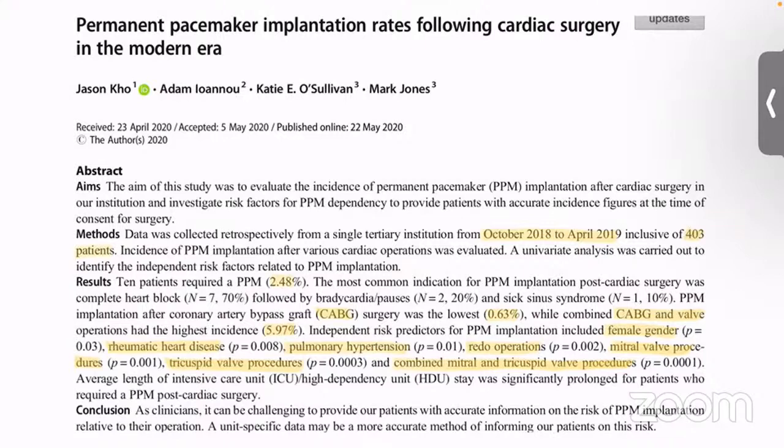The highest rate of pacemaker insertion was found in patients with combined CABG and valve surgery, around 6%. In CABG alone, it was the lowest, 0.6%. Some independent risk predictors were female gender, rheumatic heart disease, pulmonary hypertension, redo surgery, mitral valve procedures, tricuspid valve procedures, and combined mitral and tricuspid valve surgery.